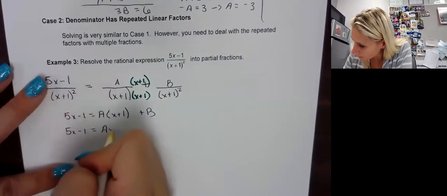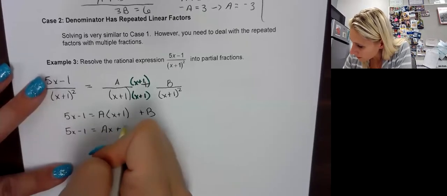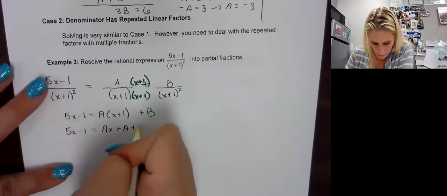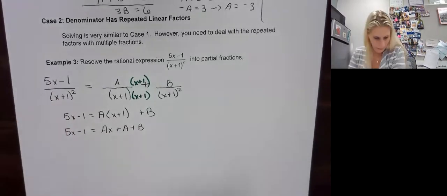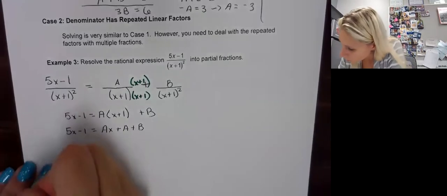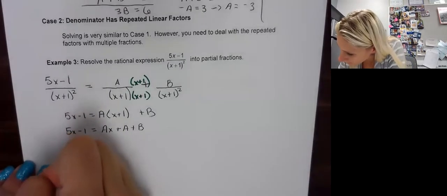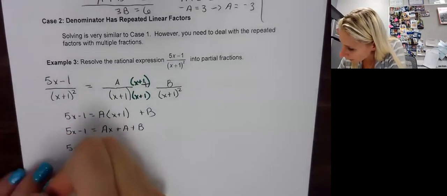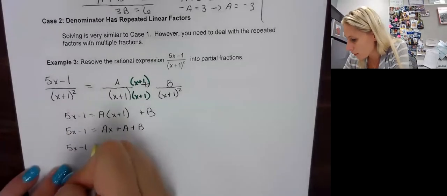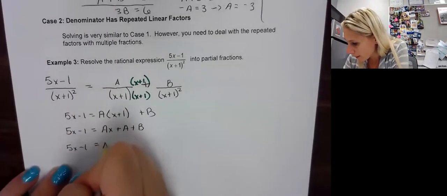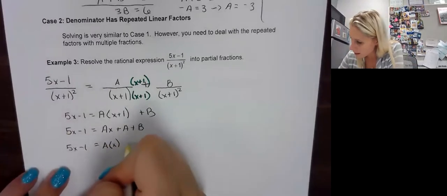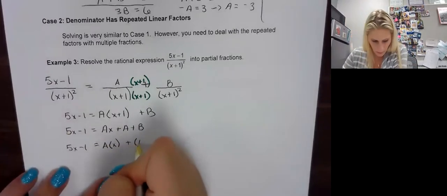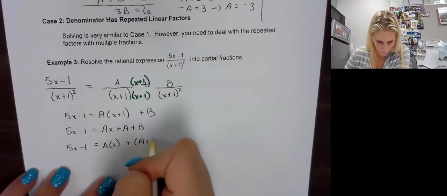Ax plus a plus b. All right, let's see this. We have 5x minus 1. Since we don't have two x's here, I'm just going to keep in mind that we have a times x plus a plus b.